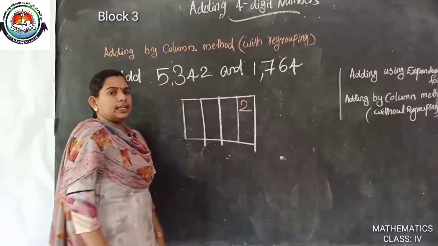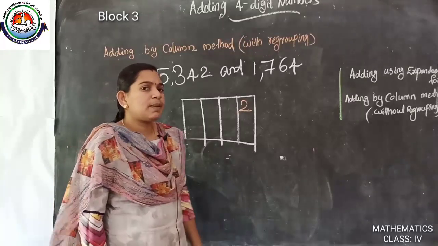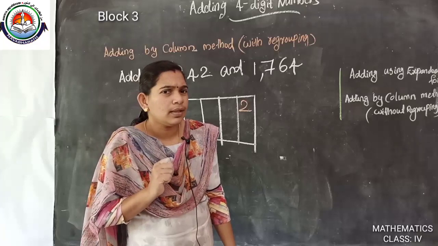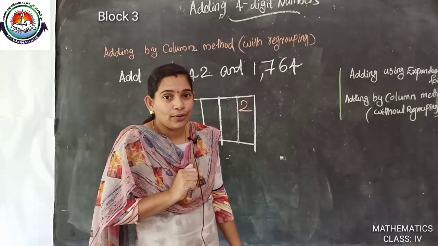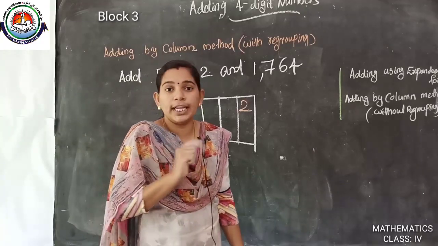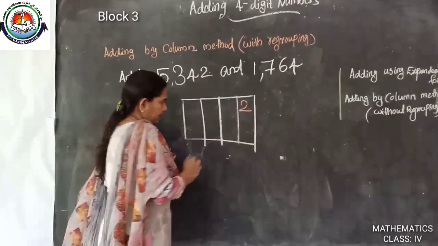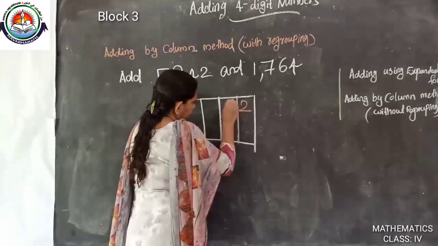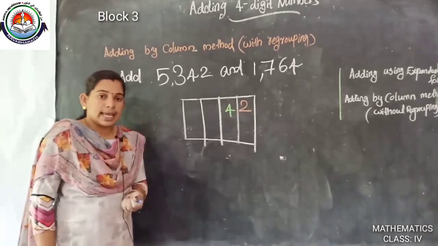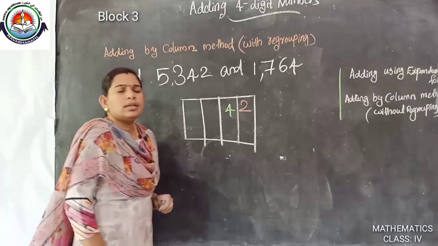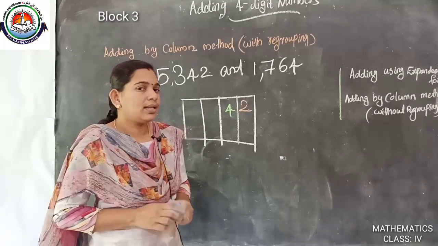Then second, the tens place digit. What is the tens place digit? Yes, 4. So we place 4 in the second column. Then next 3. Where do we place 3?